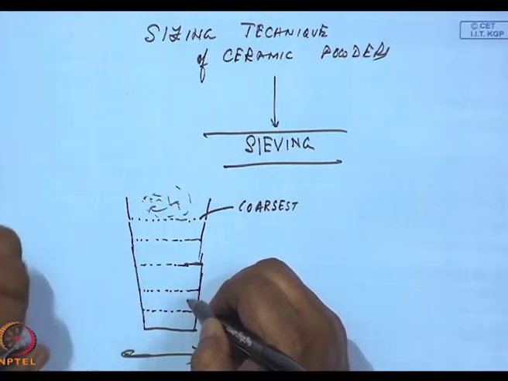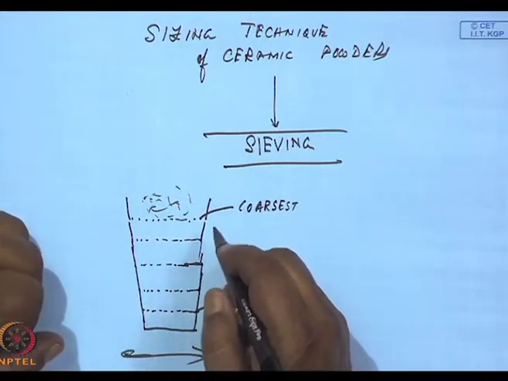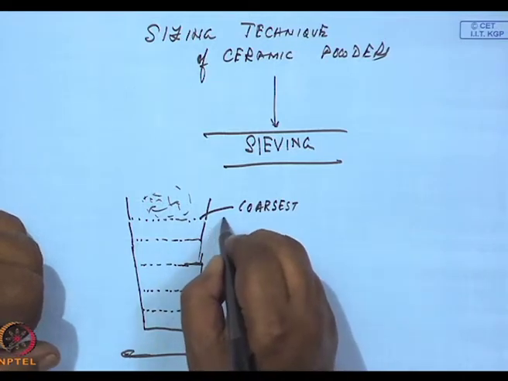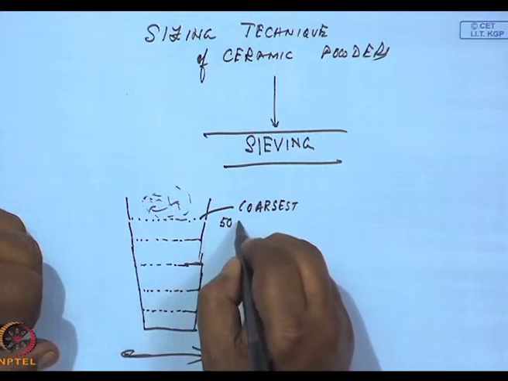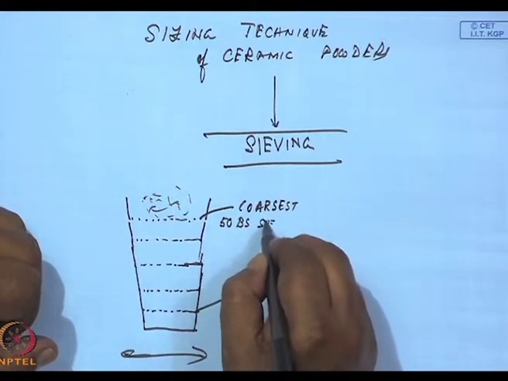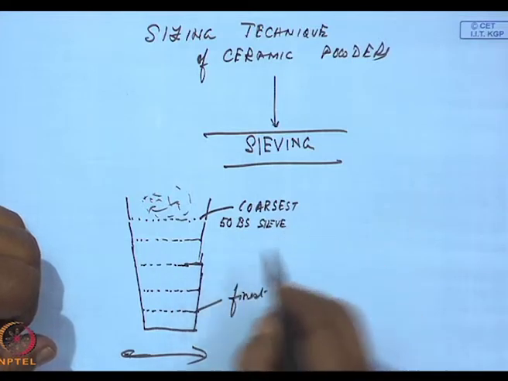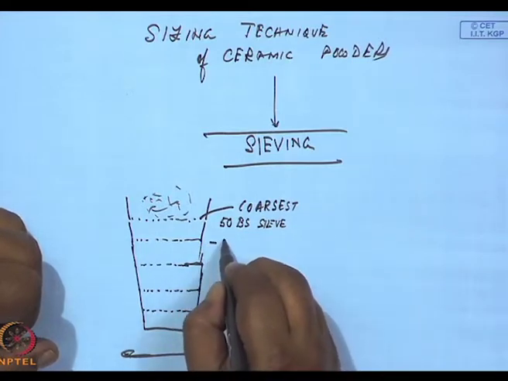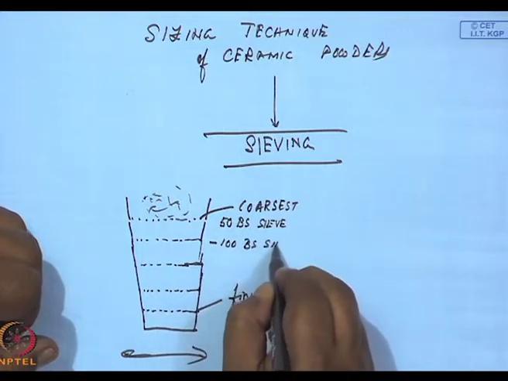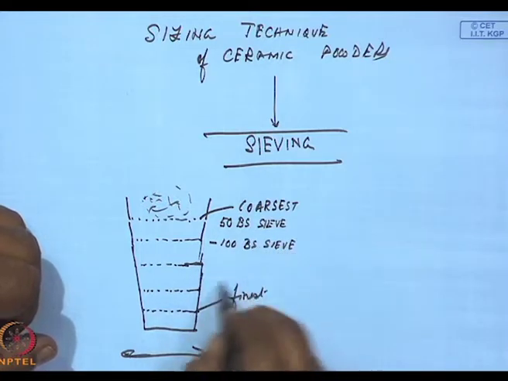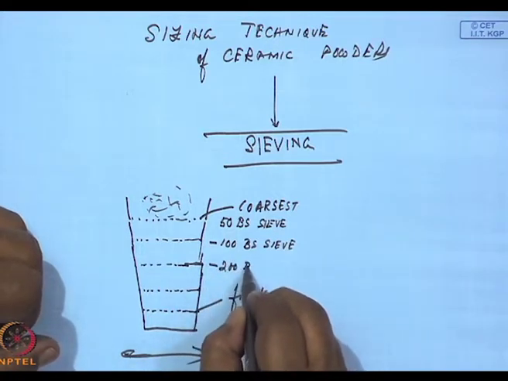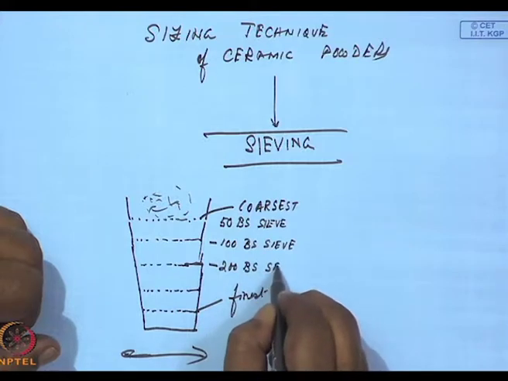Now, let me start putting in numbers. Let me say this is 50 BS sieve. Let me say this is 100 BS sieve. Let me put this as 200 BS sieve.